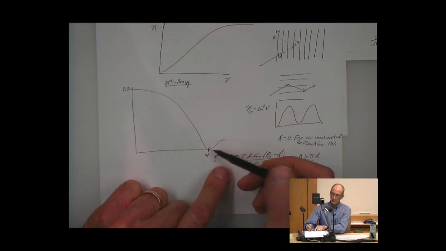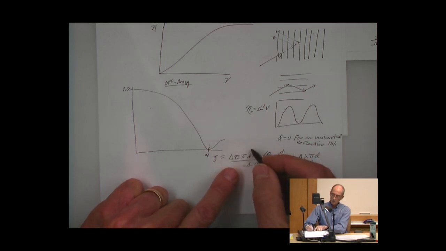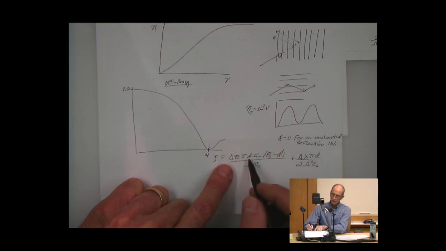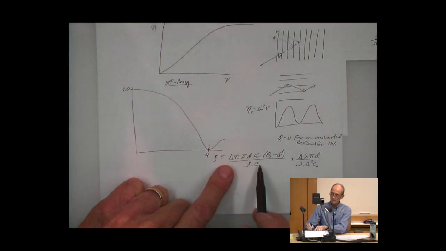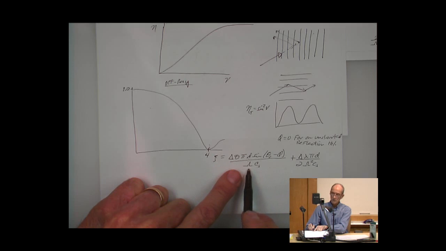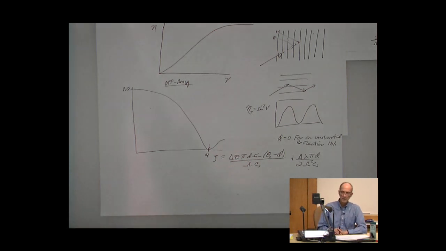It doesn't matter how we get it. We could increase d or we could increase delta theta. But we can control that by making this as thick as we can and still get an optimum efficiency. Or we can also decrease the period, right? And we can do that both for the angle and for the wavelength in order to make higher selectivity gratings.